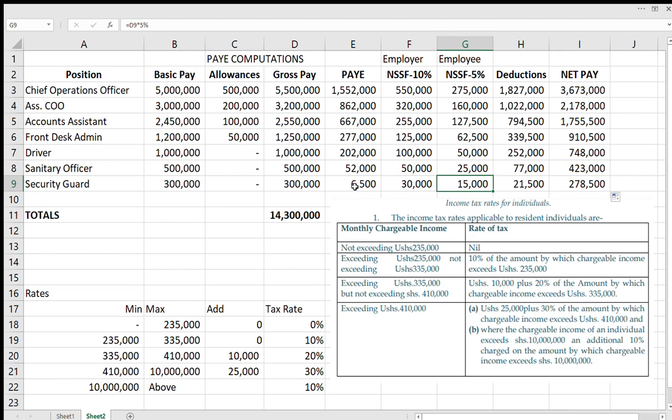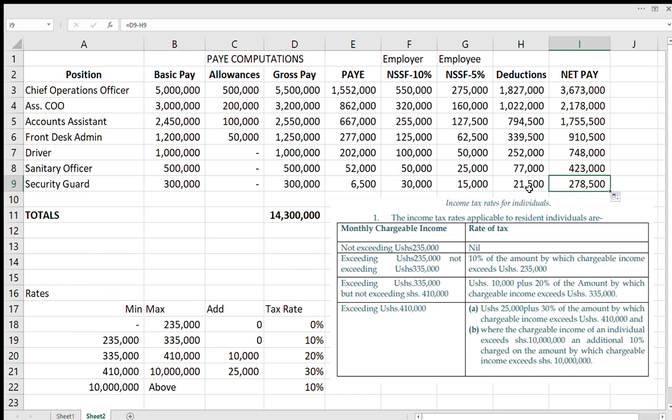and also the security guard is going to pay the 6,500 going to URA, pay as you earn, or any tax board of your country, Kenya Revenue Authority, Tanzania Revenue Authority, or any other country's revenue authority. But the scale we are using here is the Ugandan scale for URA, Uganda Revenue Authority, and then NSSF, National Social Security Fund for Uganda.